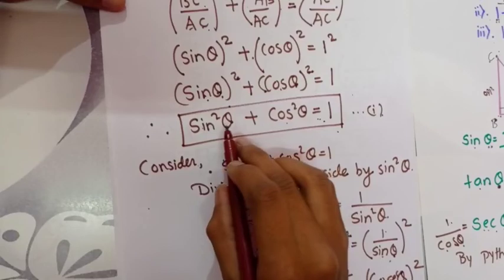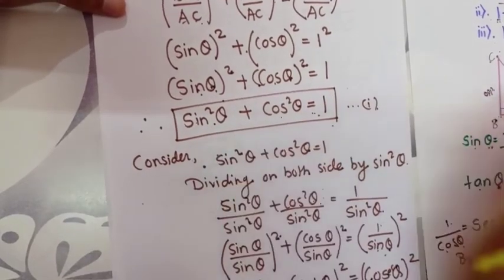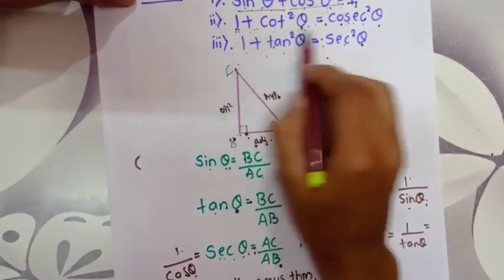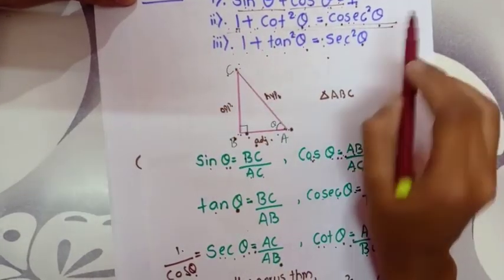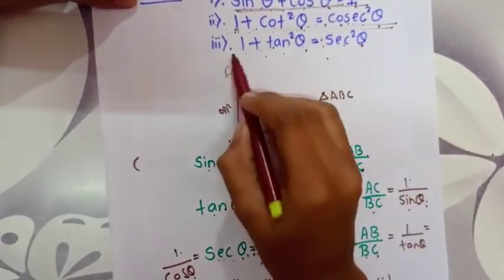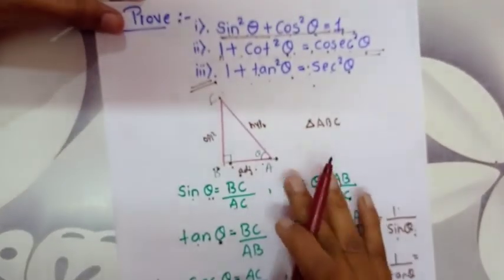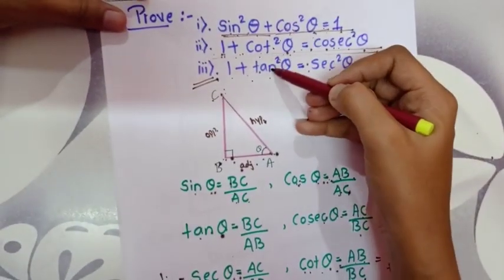Now dividing this equation by sin square theta, we will get the second equation, and dividing this equation by cos square theta, we will get the third identity. In this way we have to prove all these three identities.